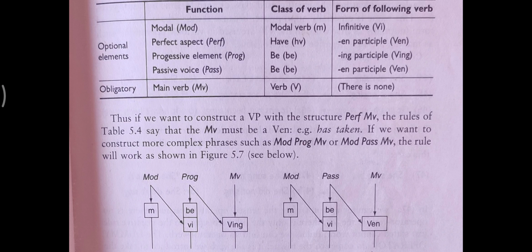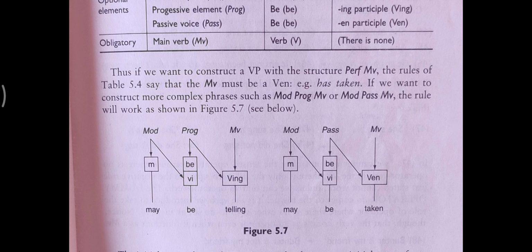If we want to construct a verb phrase with the structure of perfective and main verb, the rule of the table says it must be has taken. If we want to construct more complex phrases like modal, progressive and main verb, or modal, passive and main verb, the rule will work as shown in this particular chart.